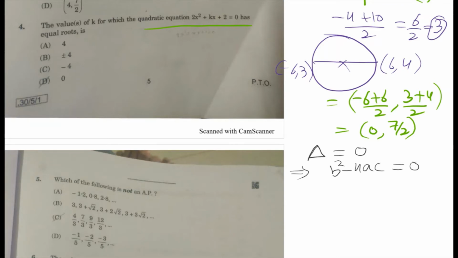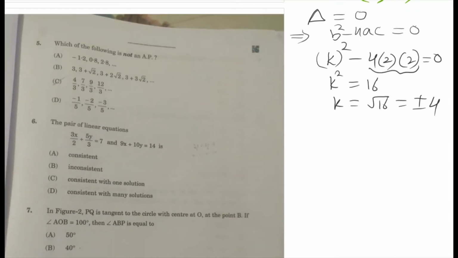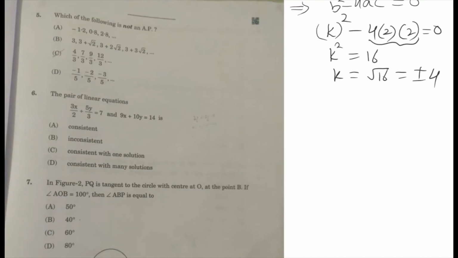So here b is k, square minus 4 into a equals to 2 and c equals to 2 equals to 0. K square equals to, this is 4 into 4 or 16. So k equals to root 16, that equals to plus or minus 4. Option D.